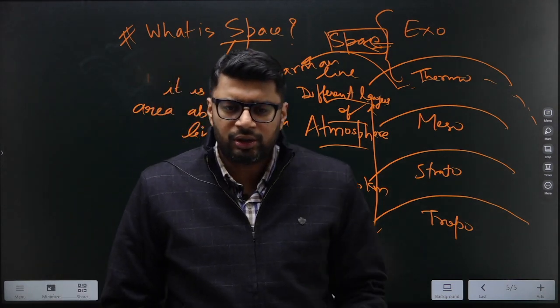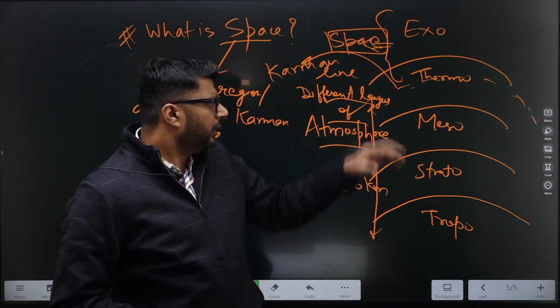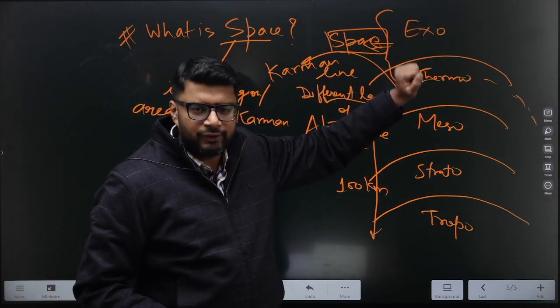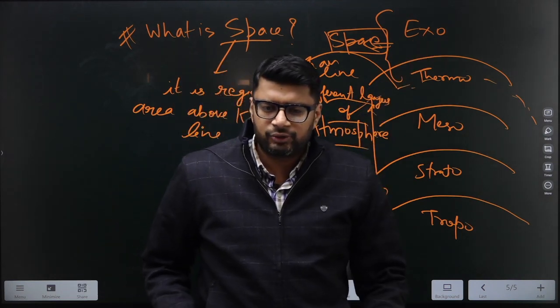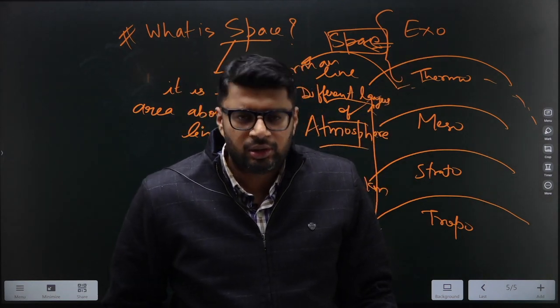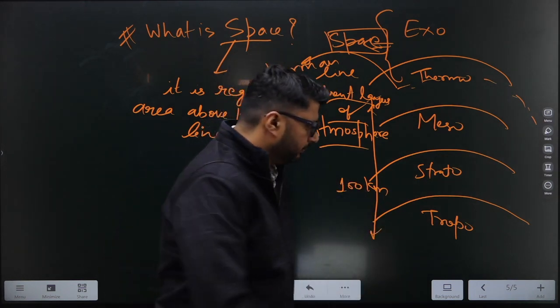All the activities in space technology happen in this area, and we will study this area broadly in the later part of this lecture. Next, we will understand the next topic, that is orbit.